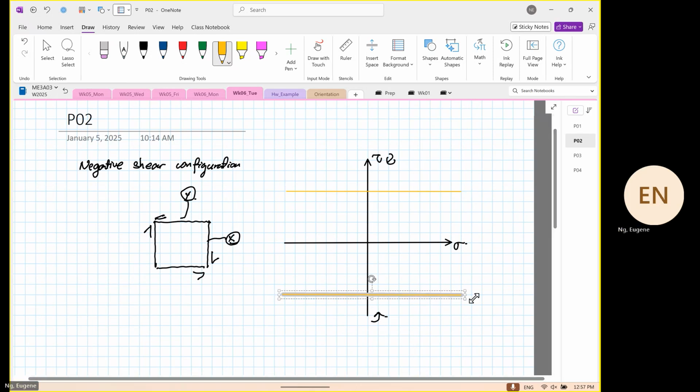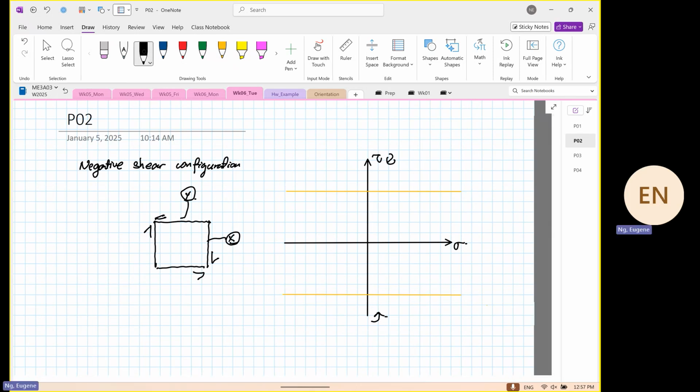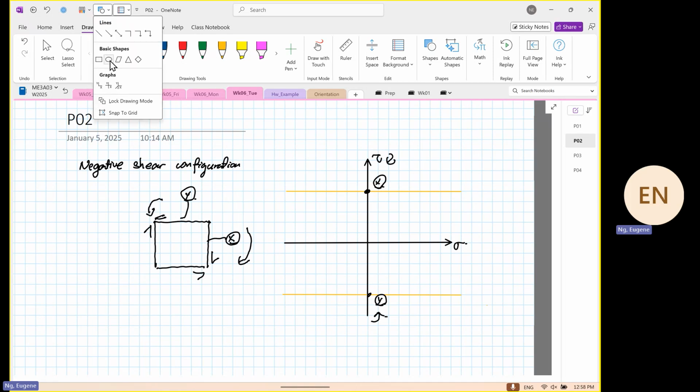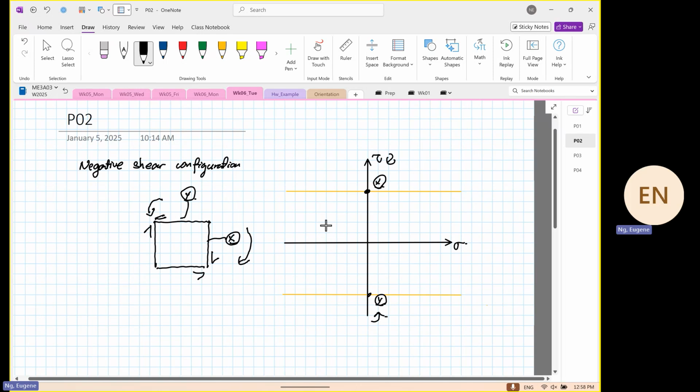Okay. So now X is going to be at the top because the element is going to rotate this way. And Y is going to be at the bottom because the element is going anti-clockwise. So now we draw our Mohr circle.